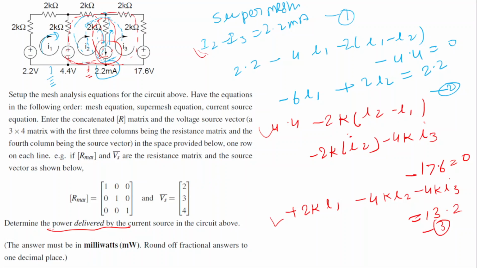After finding all the currents, we will find the voltage at this node. To get the power delivered, we multiply the voltage difference, v0 minus v1, by the current. That will be our power delivered. Okay, is that clear?